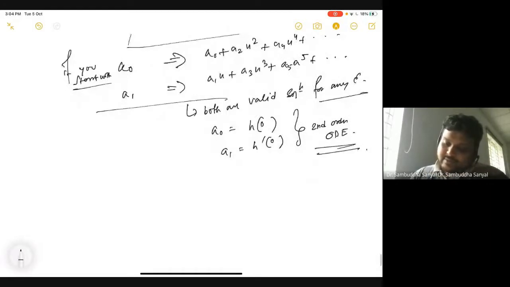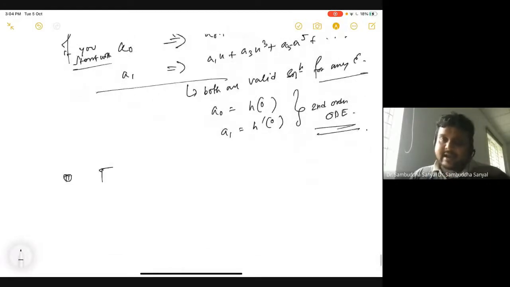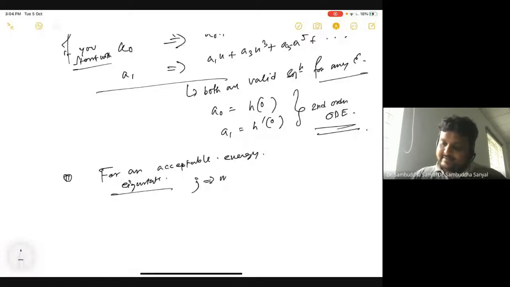So we know that for an acceptable energy eigenstate, the series must be finite, because otherwise this function will blow up at infinity. So let's see what happens for large j.